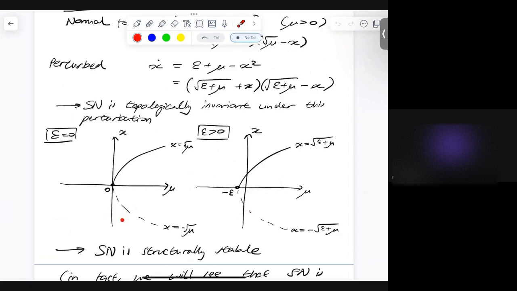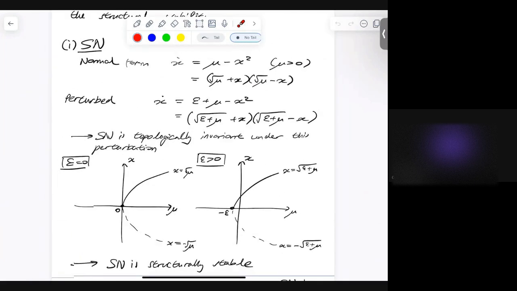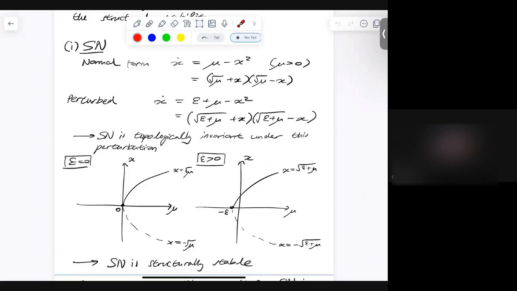And so that shows us that the saddle node is topologically invariant under this small perturbation. And so we can say that the saddle node is structurally stable. Does that make sense? Yeah, I think so. Great.